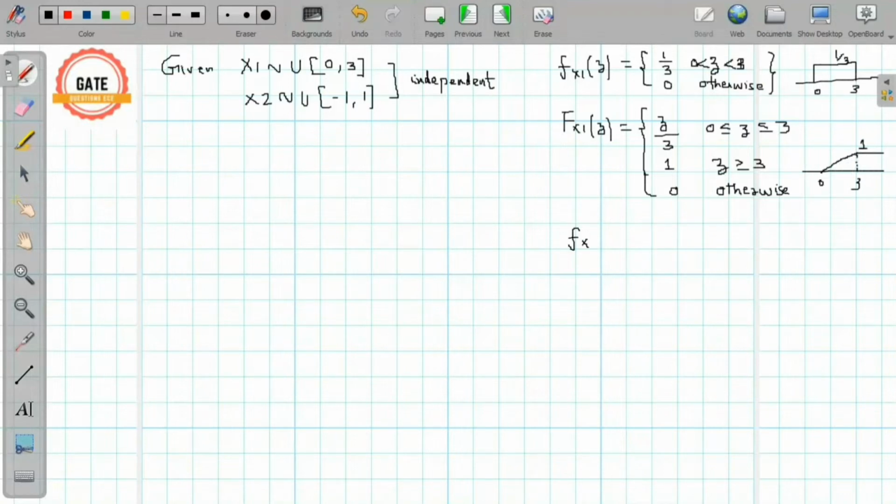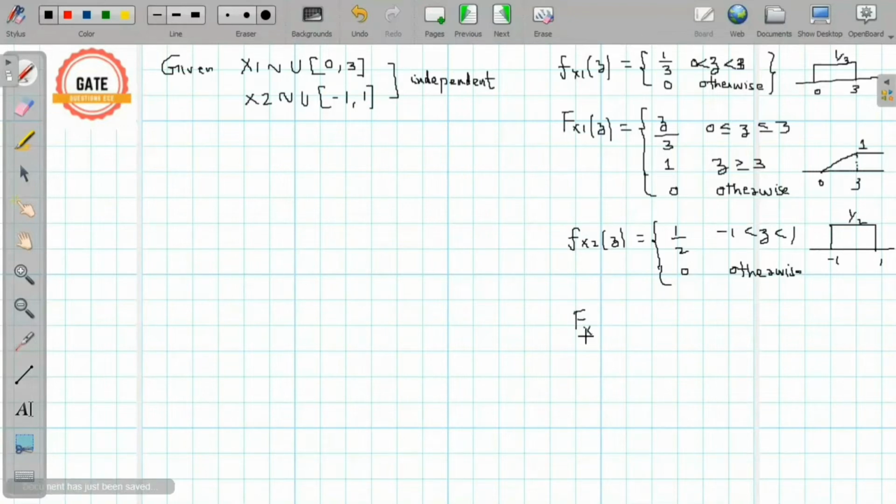Similarly, we can write for x2. Its PDF is 1 by 2 in the range -1 to 1 and 0 otherwise. If we plot it, it will be like this: from -1 to 1, with height 1 by 2.